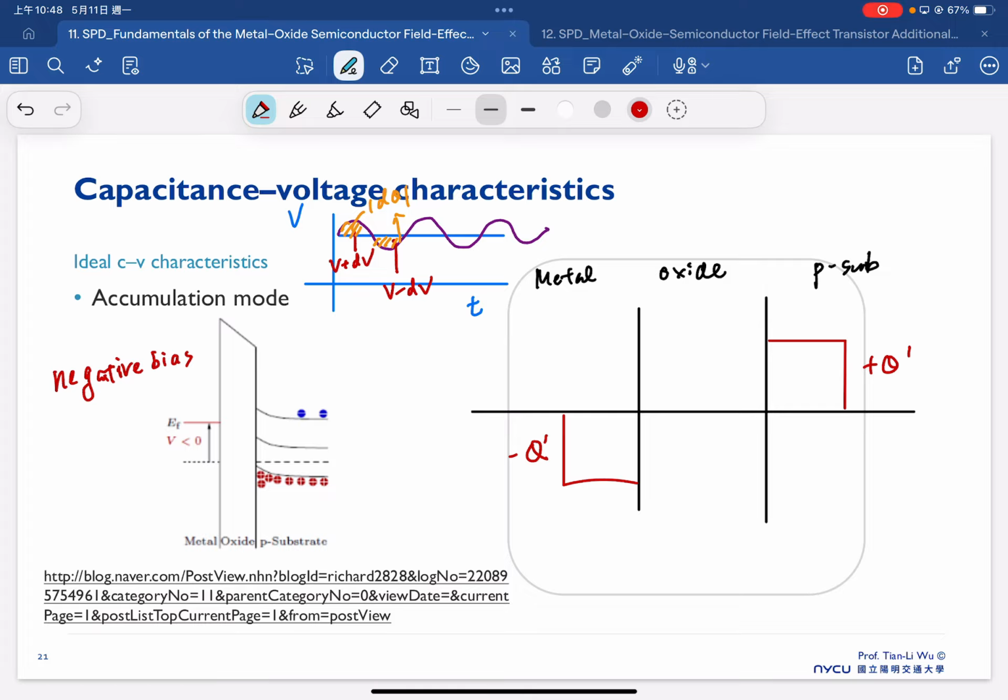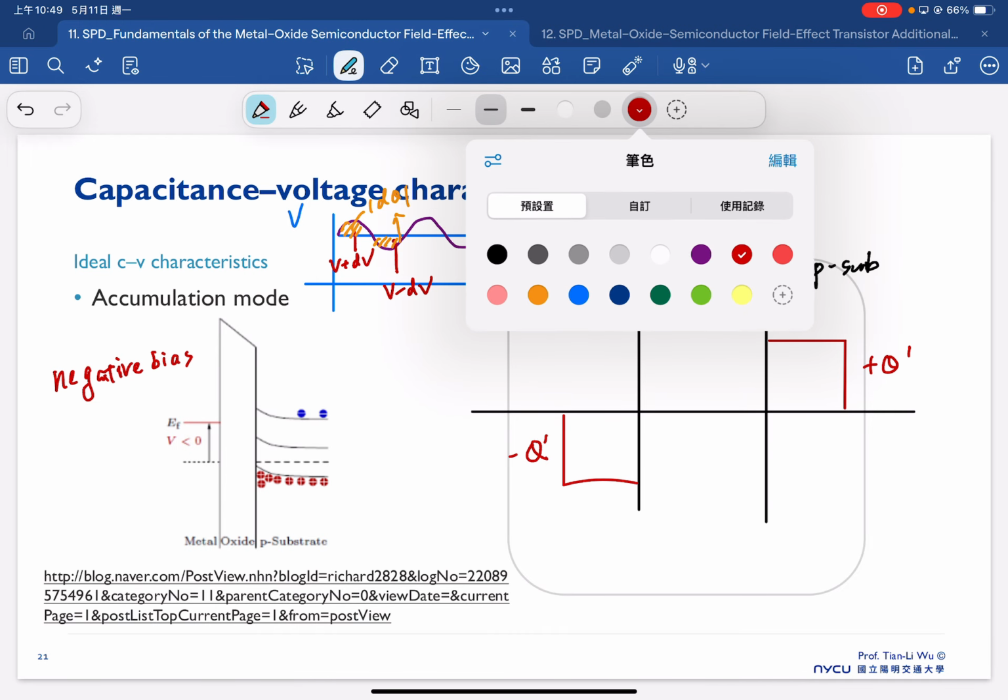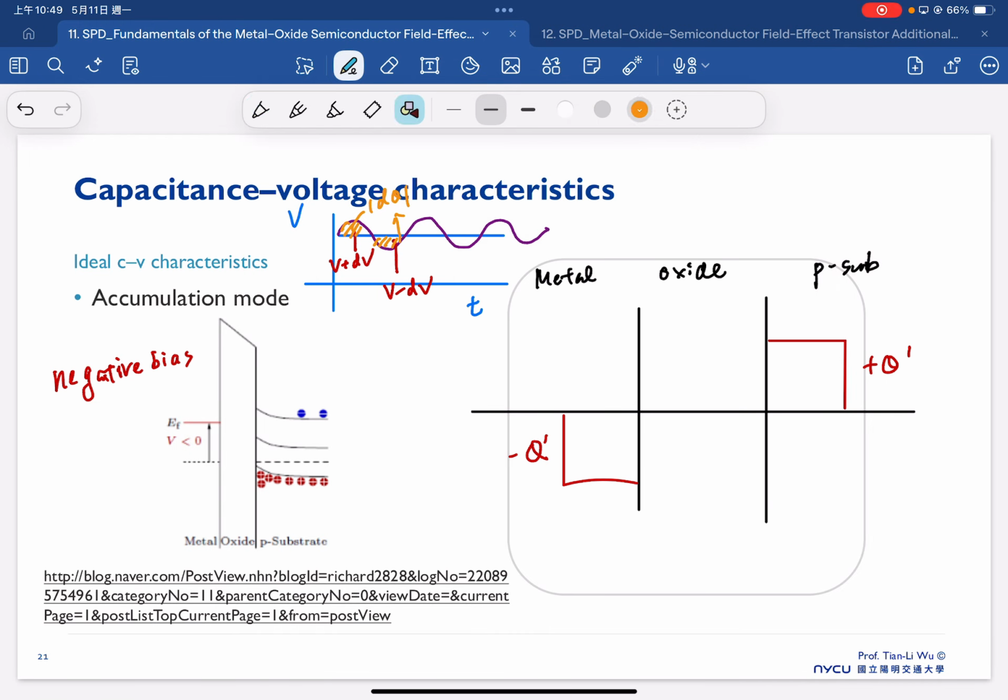Now we have the additional AC that will cause this change of delta Q, and that will reflect at this region. This contribution mainly comes from this dQ, which is due to our AC signal.